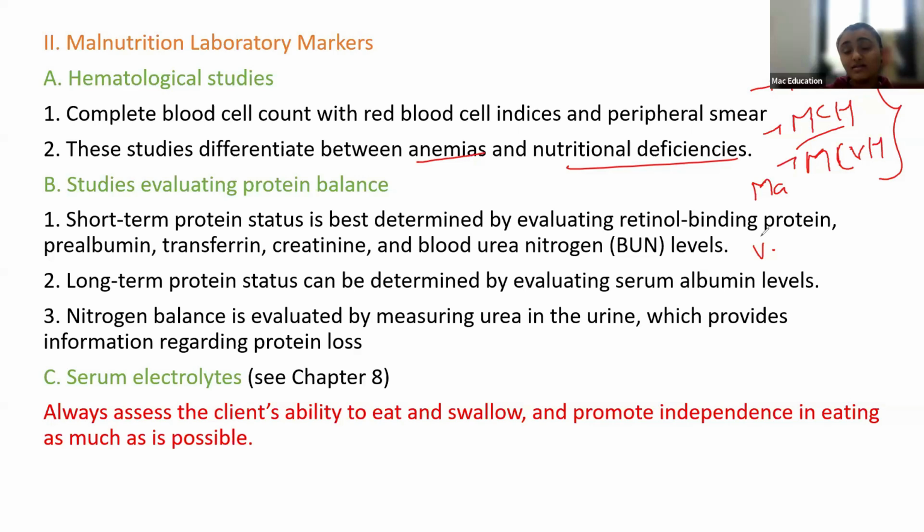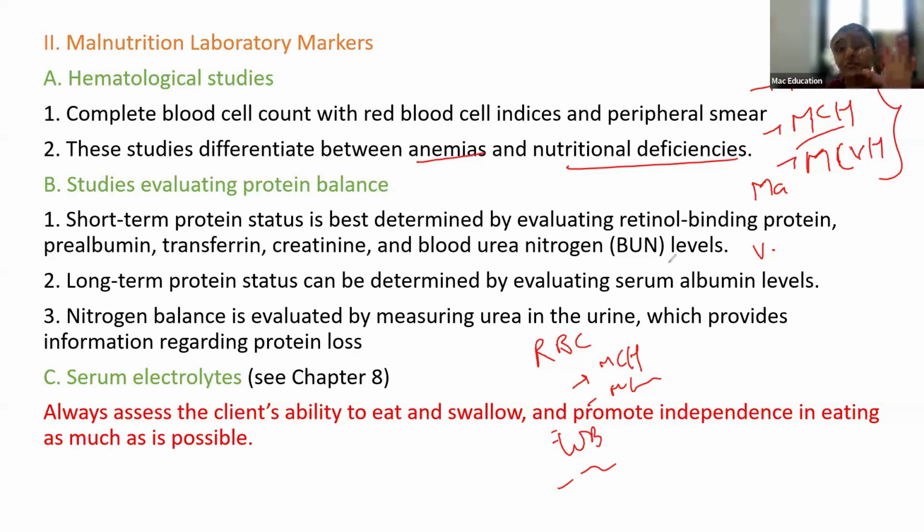Whenever we do a blood test, the CBC contains all the information: the normal hemoglobin, hematocrit, RBC values, and within RBC the indices, that are the types of RBCs, what the MCH level and MCV level are. Then the WBC count and types of WBCs, that is the differential white blood cell count. So all this is present in the CBC, complete blood cell count.